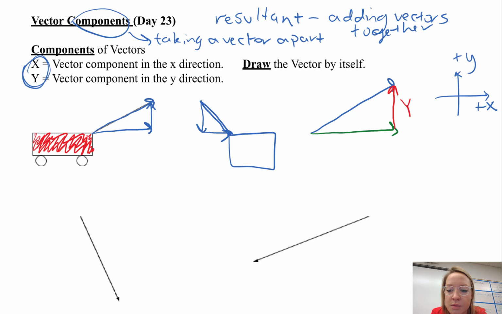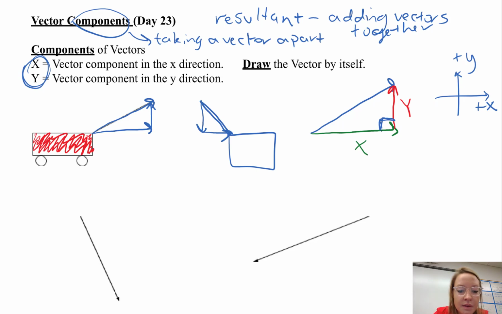This is the y part of the vector, and this is the x part. Whenever you're breaking a vector down into its parts, you should always have a right angle between your x part and your y part. They should always be perfectly perpendicular to each other, because that's how our axes are defined.